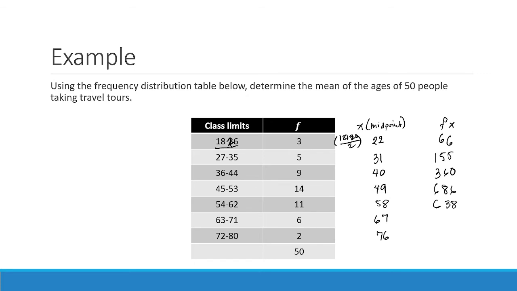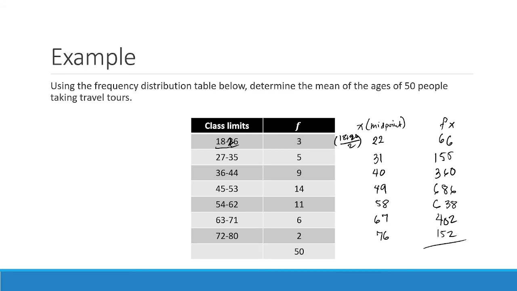Then we have 67 times 6. That will be 402. And lastly, we have 76 times 2, which is 152. Tama ba? That is 152. Okay, so just like the step said, we just need to add these numbers to each other.